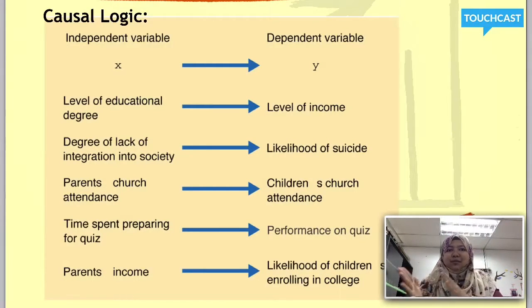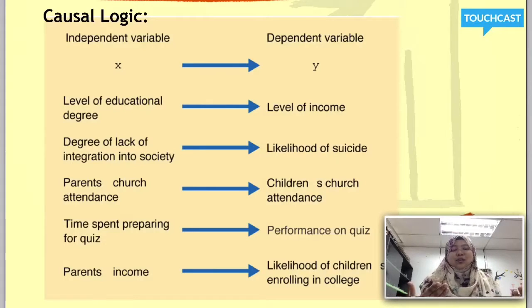The independent variable is level of education, and the dependent variable is level of income. Yes, if you have a high level of education, you will get a high level of income, but it's not necessarily happening in our society nowadays. We can see a lot of degree holders can't get a job.